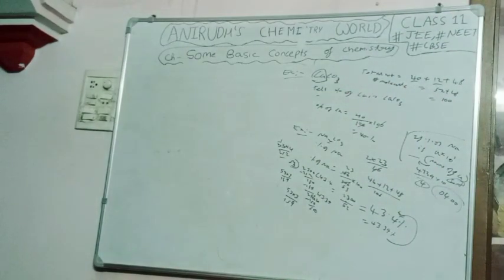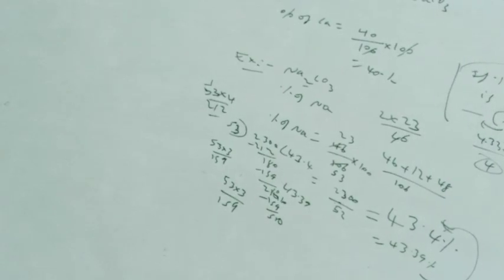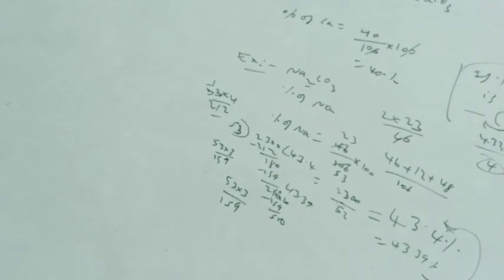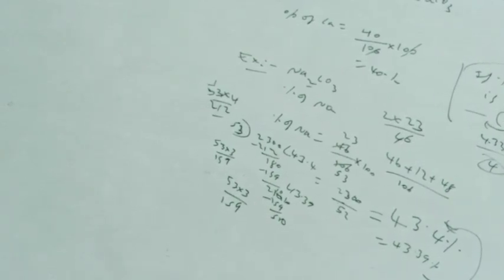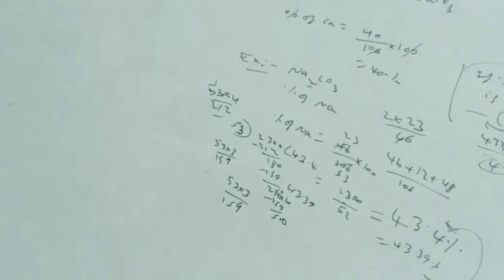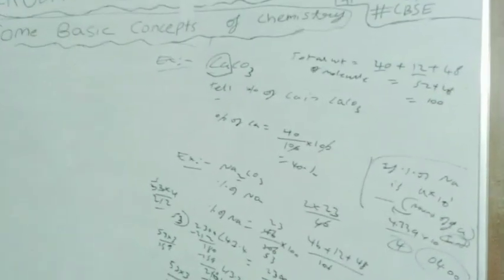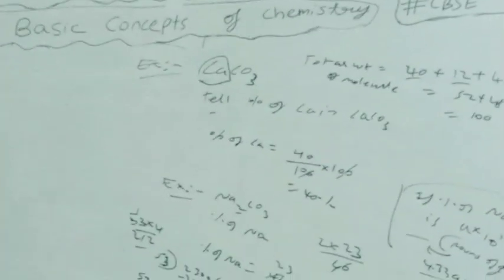The calculation part, if you have any doubt, I'll just zoom the video. Better you do the calculation as per your understanding. If it is not clear, you just comment down. This is just the calculation part, that's it.